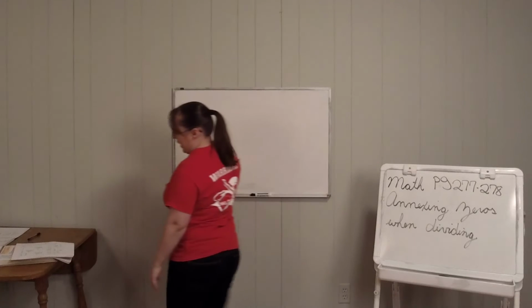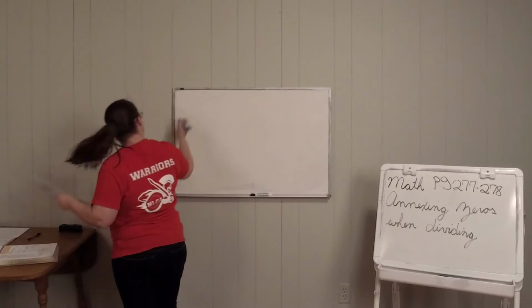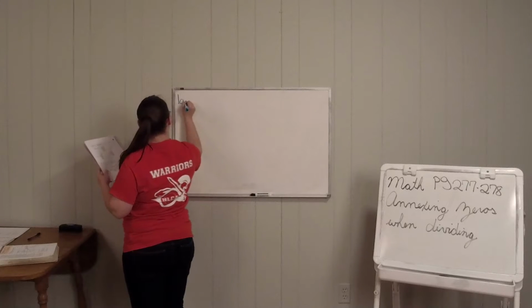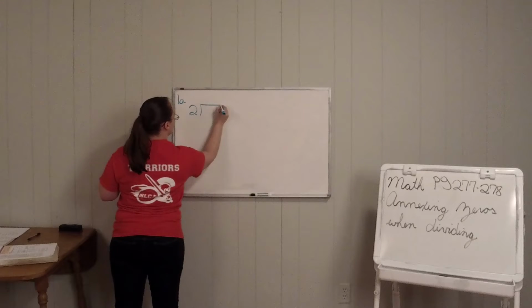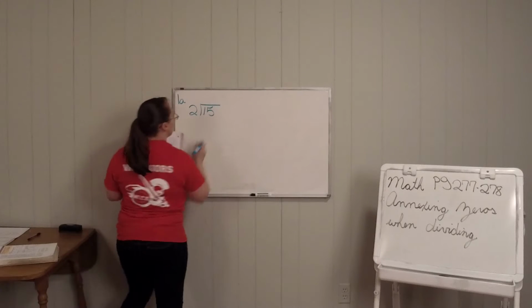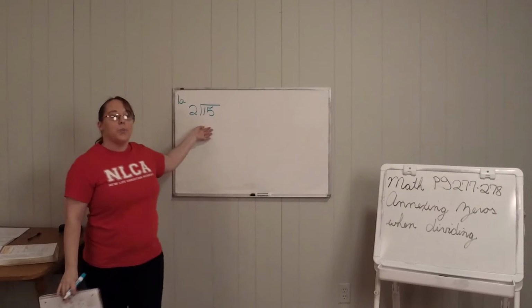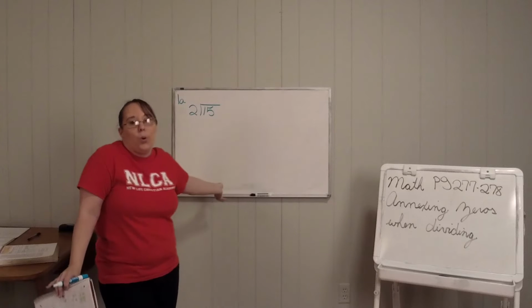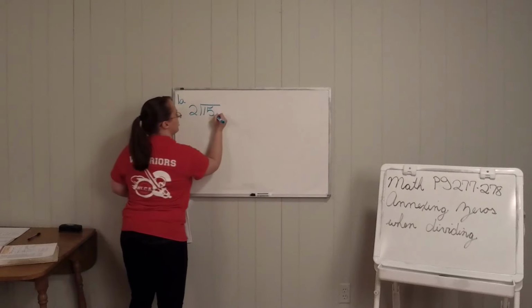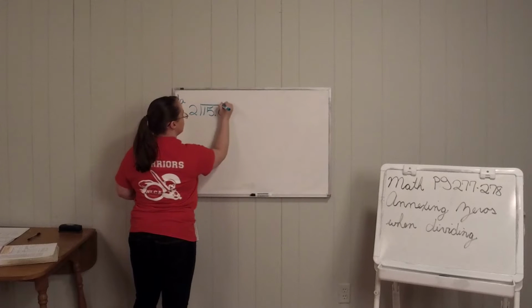Let's look at 1A. When you look at that, you automatically know 2 is not going to go into 15 equally. There's no possible way. So add your decimal, add your 0, add your decimal to your answer.